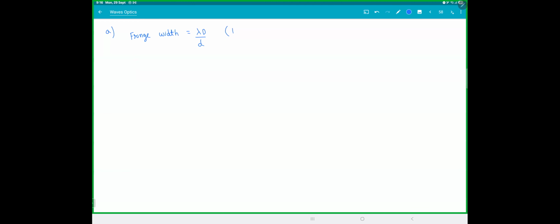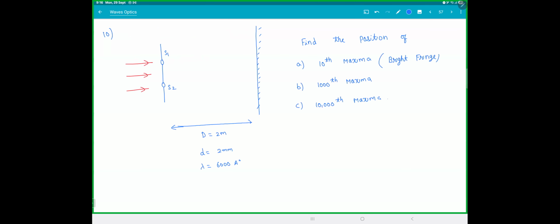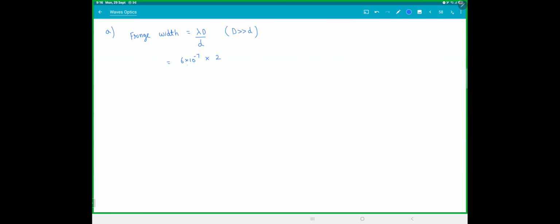This is valid only when D is much greater than d. This is 6 into 10 power minus 7. Capital D is 2 meters. This is 6 into 10 power minus 4 meters.